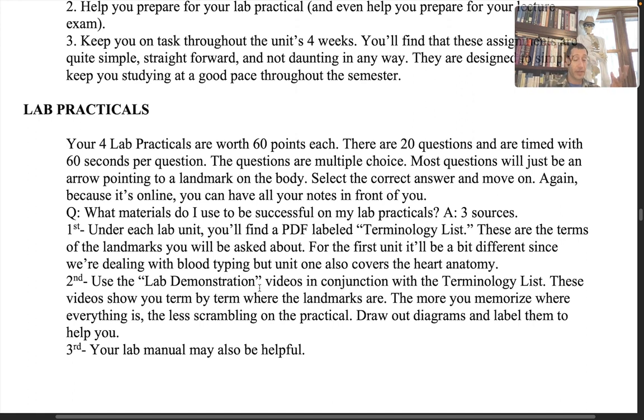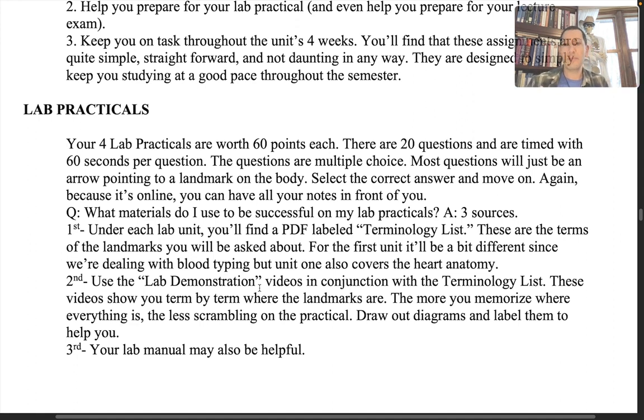Your lab practicals. Yes, you're still going to have a lab practical. There are going to be 20 questions, 60 seconds apiece. It's going to be a picture of some anatomy part. Okay, name this chamber of the heart. So basically, there's going to be an arrow, and it's going to be multiple choice, so you don't necessarily have to have spelling down.